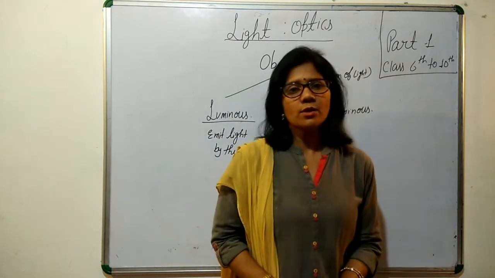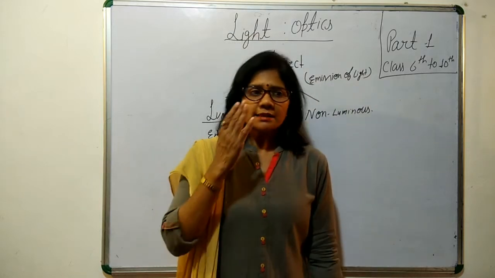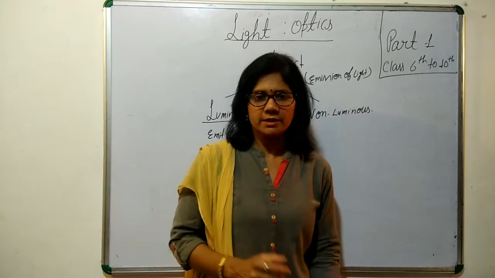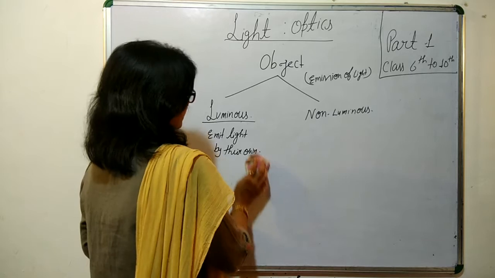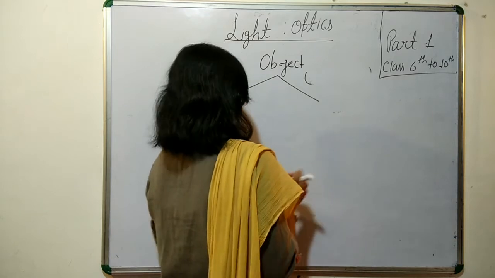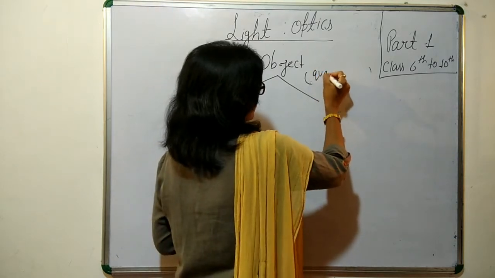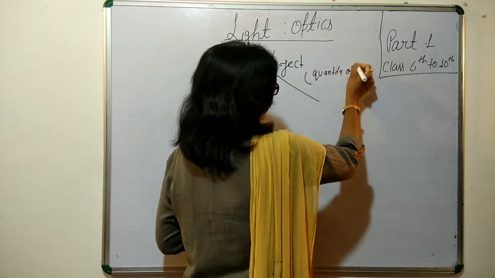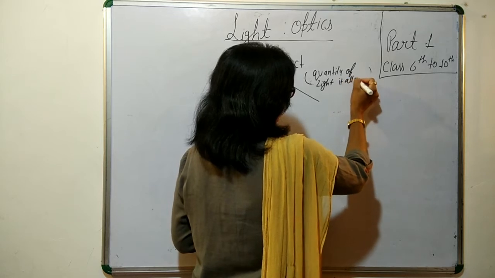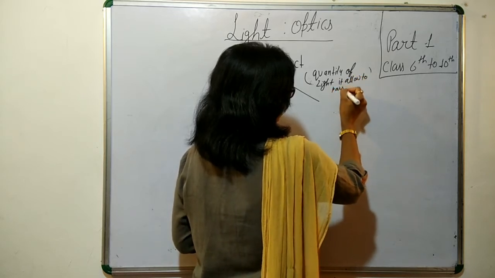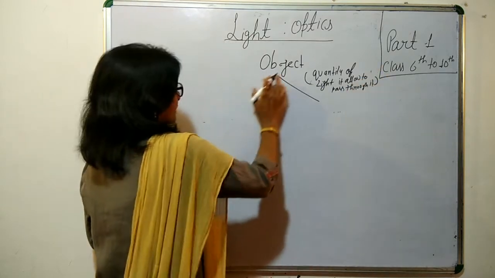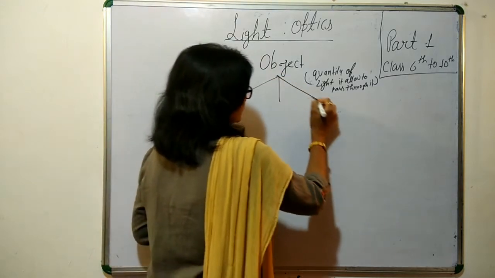Then on the basis of the second criteria, which is how much the object will allow the light to pass through it, the quantity of light it allows to pass through it, the objects are of three types.